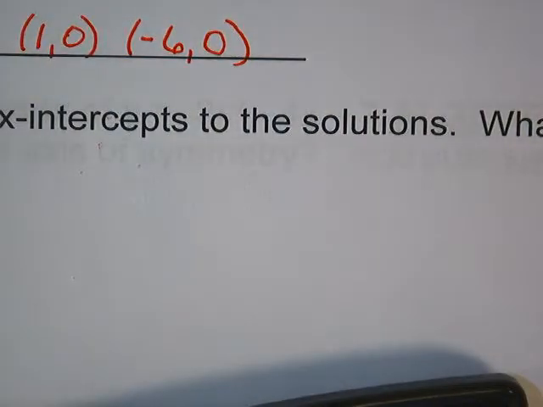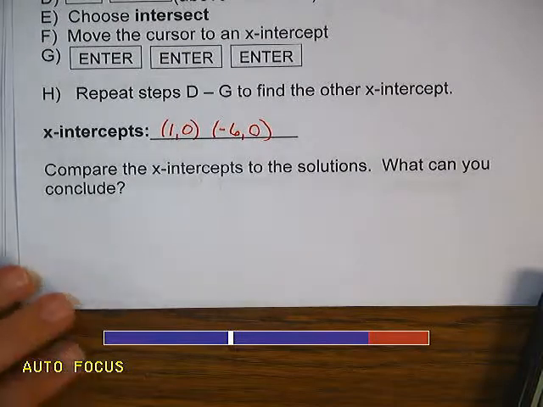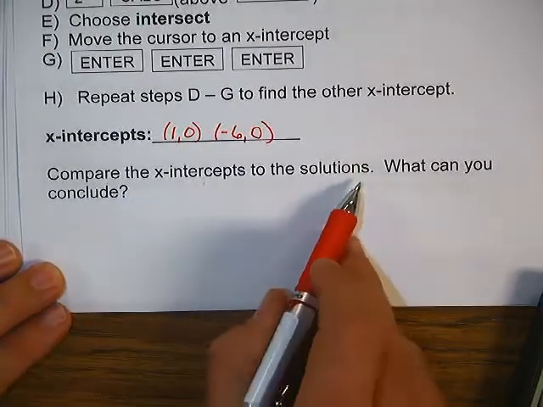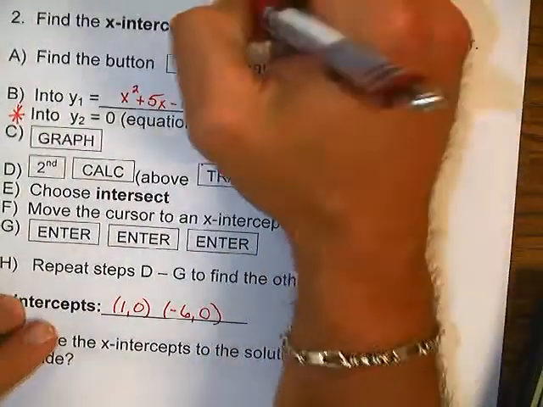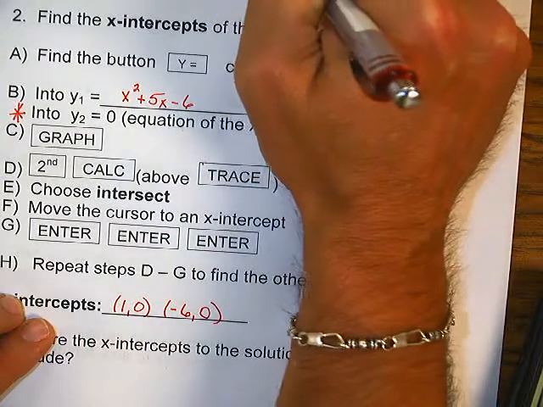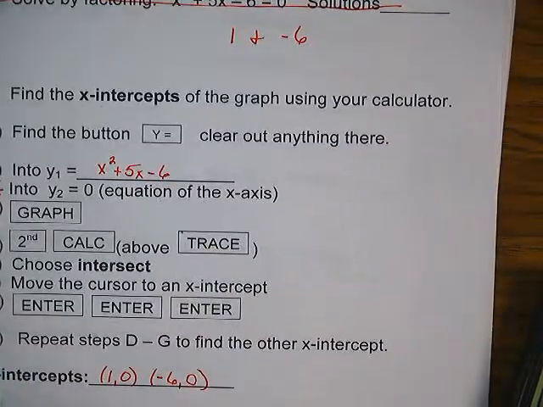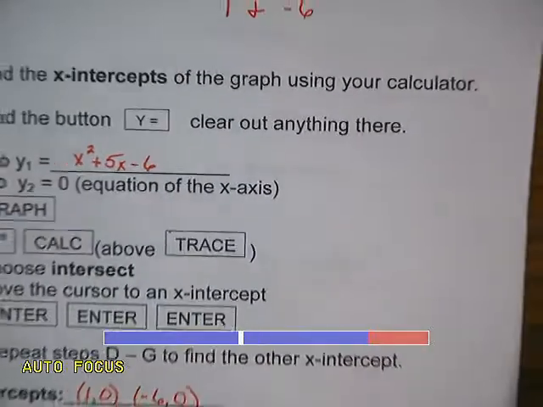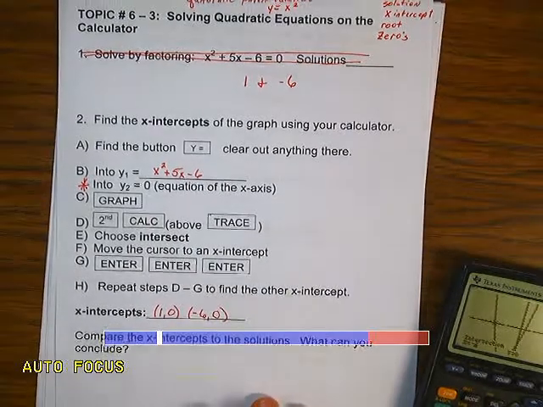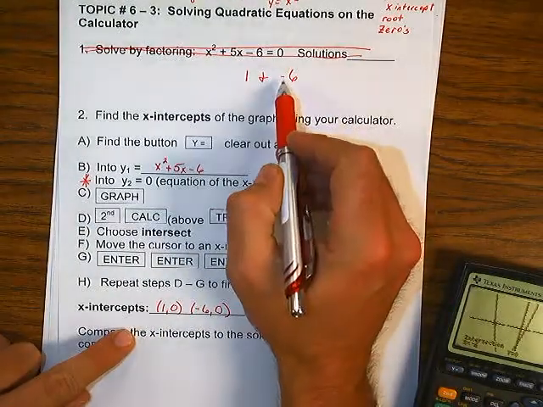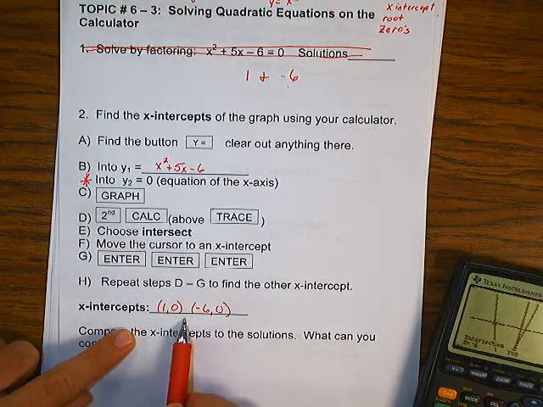Now here, even though we didn't factor, like I said, we will do that later. It says compare the x-intercepts to the solution. We would have gotten the solutions as being 1 and -6. We would have gotten those as my solutions if I had factored it and solved it by factoring. Now, what do we notice about the solutions and the x-intercepts?